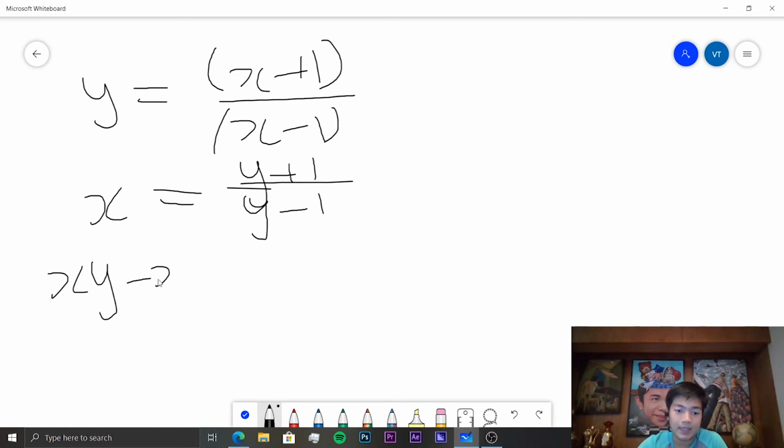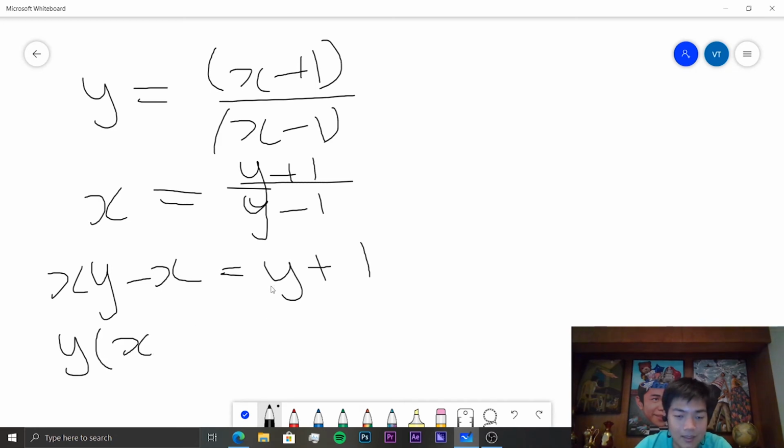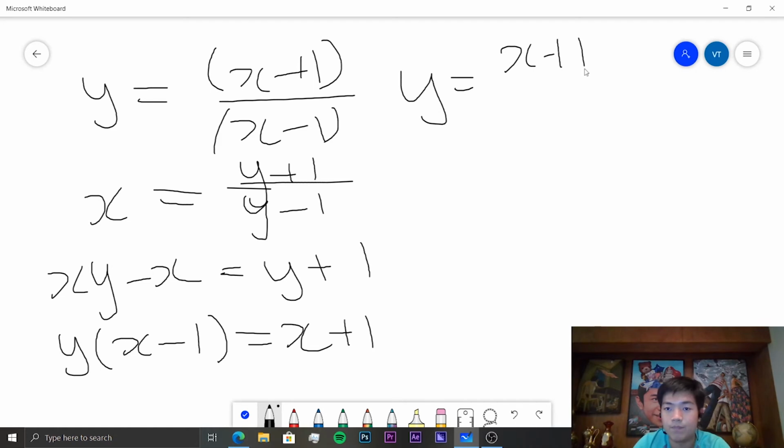So xy minus x is equal to y plus 1. We bring y over to this side. y times x minus 1 is equal to x plus 1. And so we simply have y is equal to x plus 1 over x minus 1. And that's it.